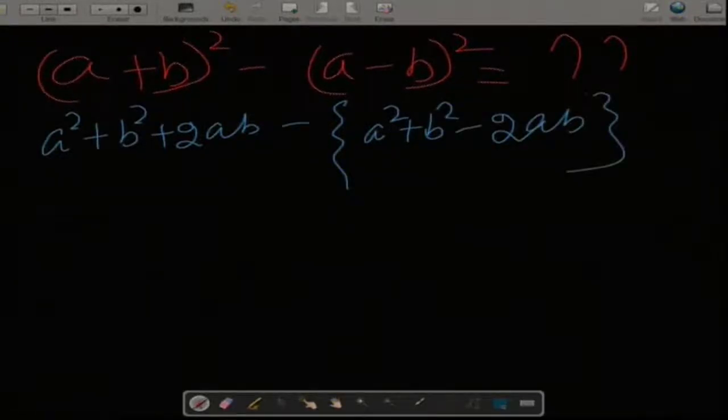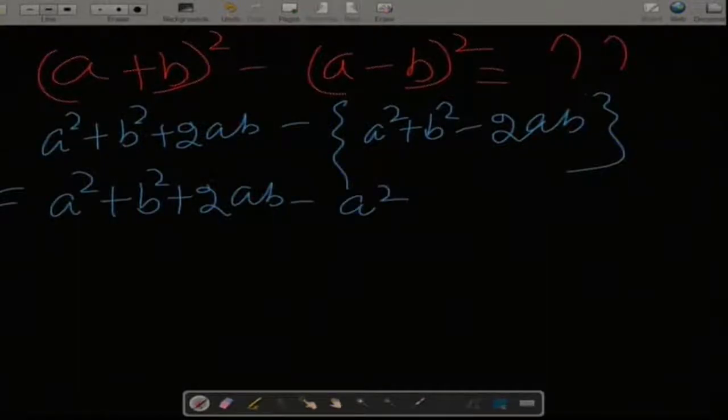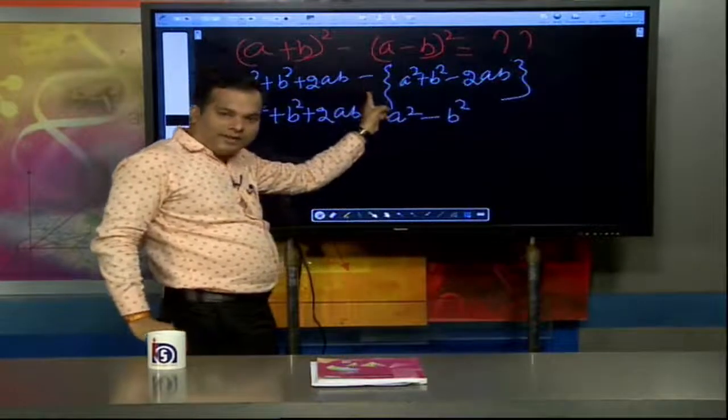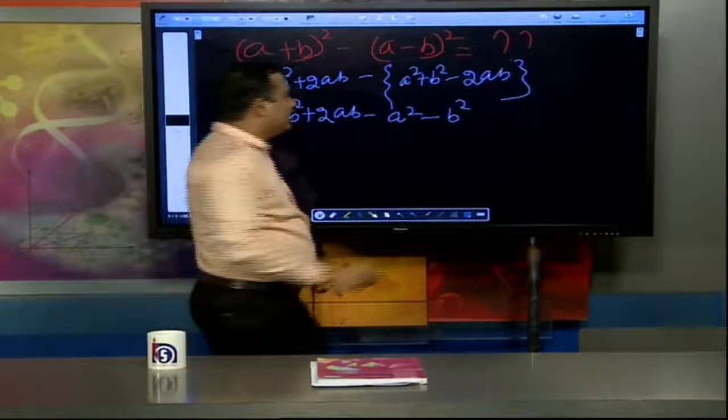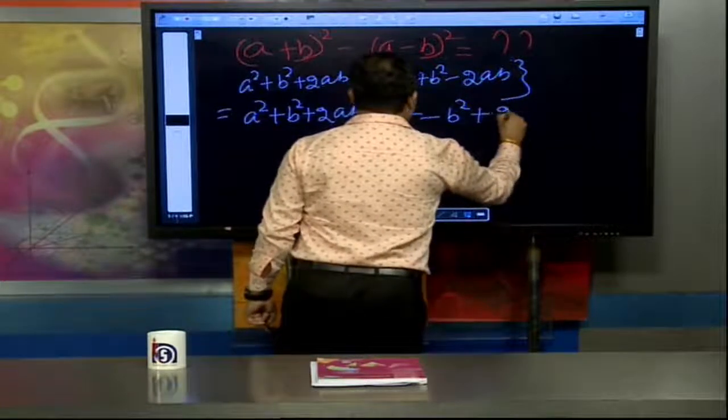When we simplify, you get a square plus b square plus 2ab minus a square, minus b square, and minus 2ab into minus becomes positive, so plus 2ab.